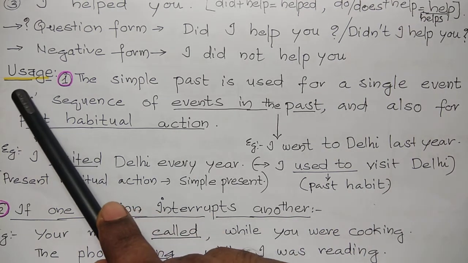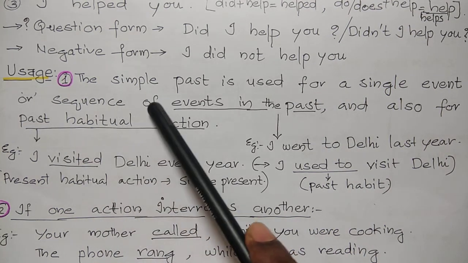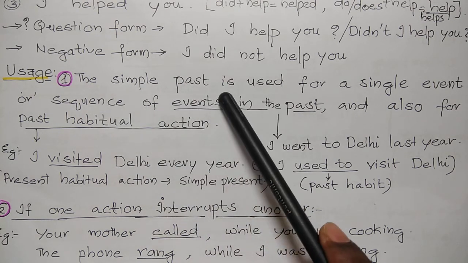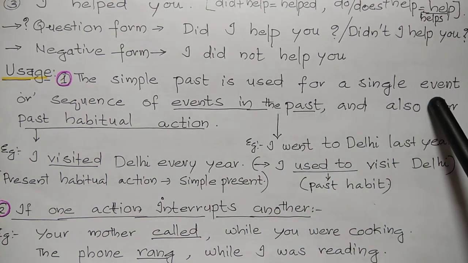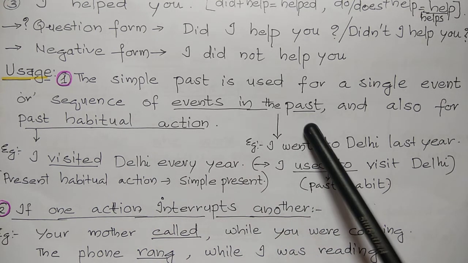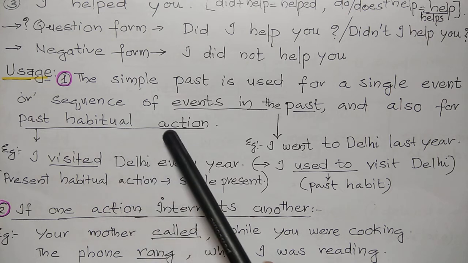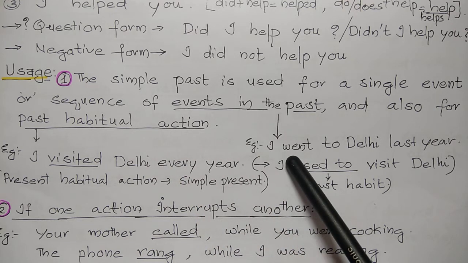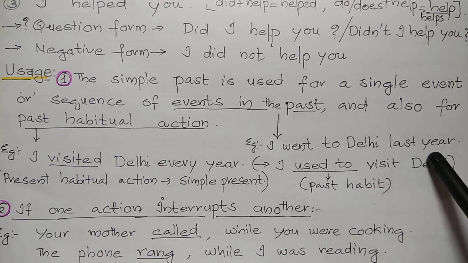So let's see the usages of the simple past tense. First one, the simple past is used for a single event or sequence of events in the past, and also for past habitual actions. See the example. I went to Delhi last year.